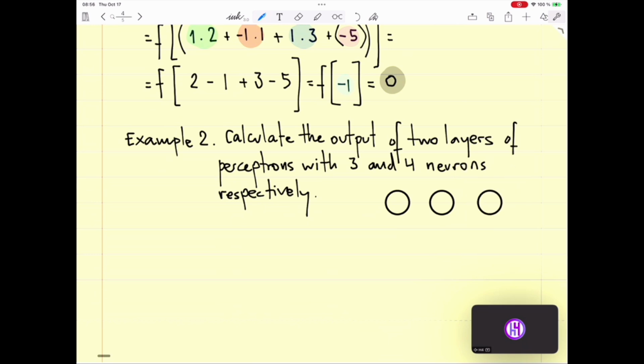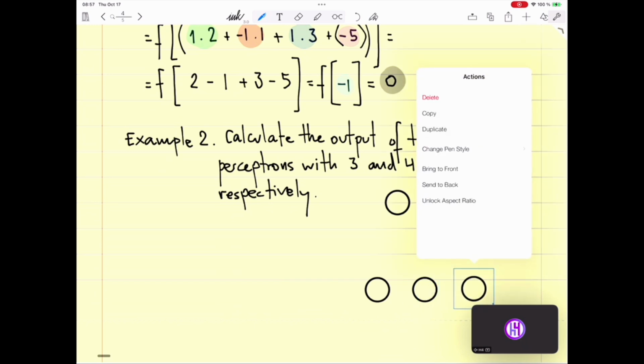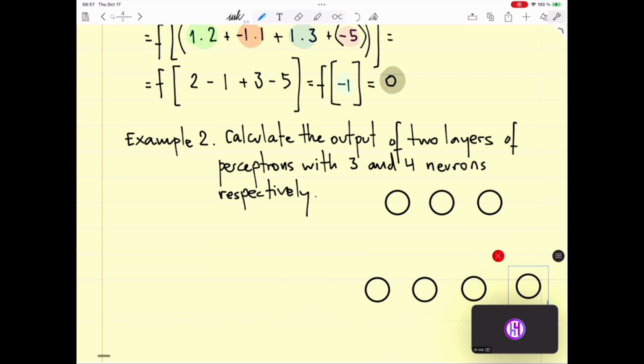Okay. The second layer with 4 neurons. Okay.